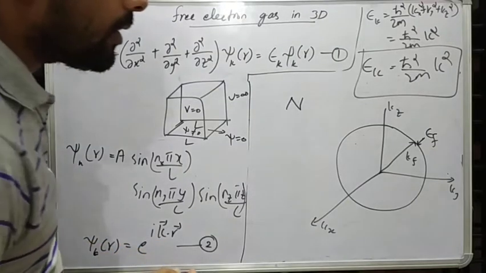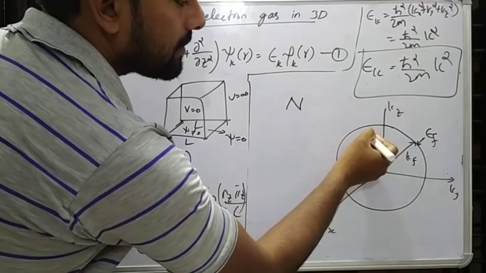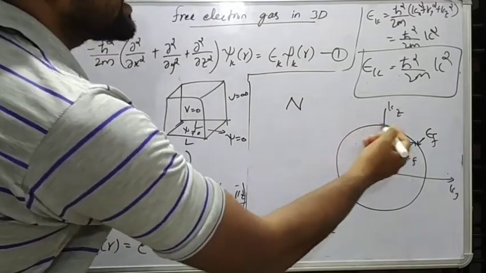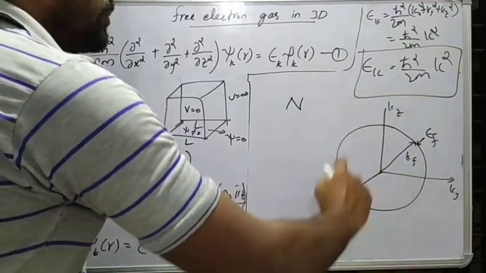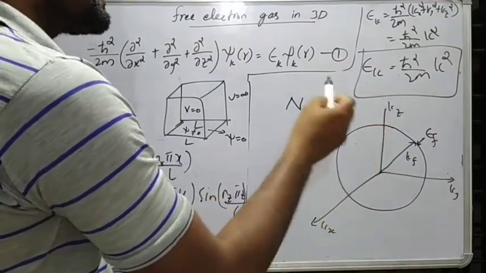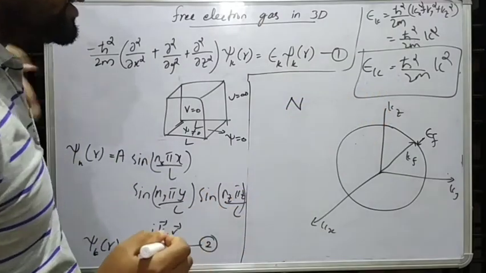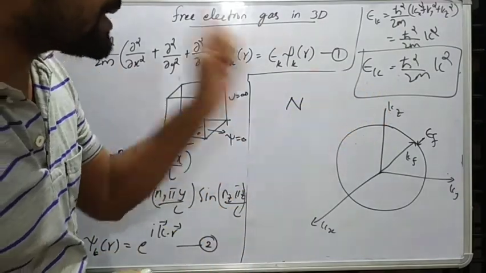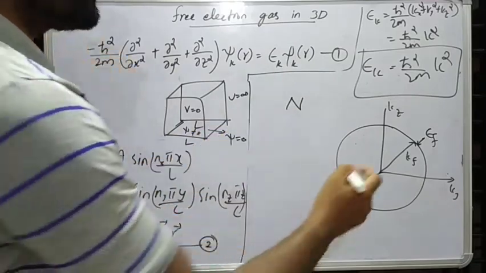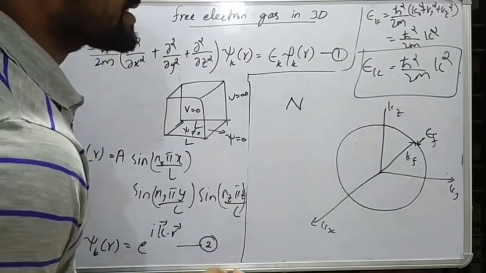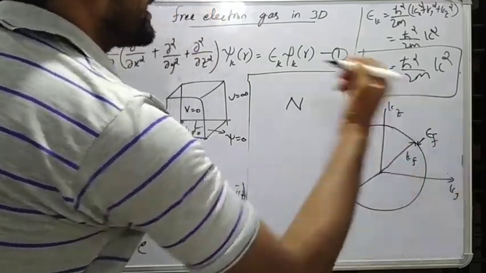the occupied orbitals can be represented as the points inside the sphere in k space. Okay, this is the sphere in k space, in momentum space. So in that system of n electrons, in the ground level, the occupied orbitals can be represented as the points inside the sphere in k space.